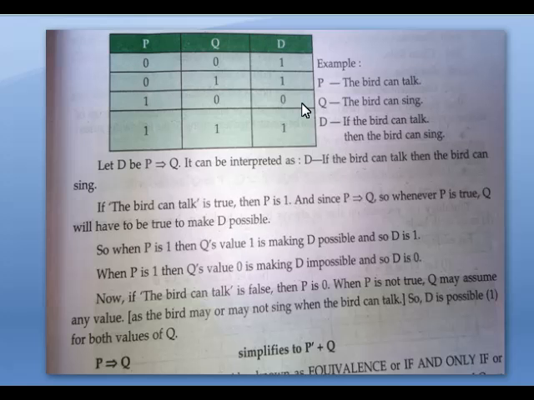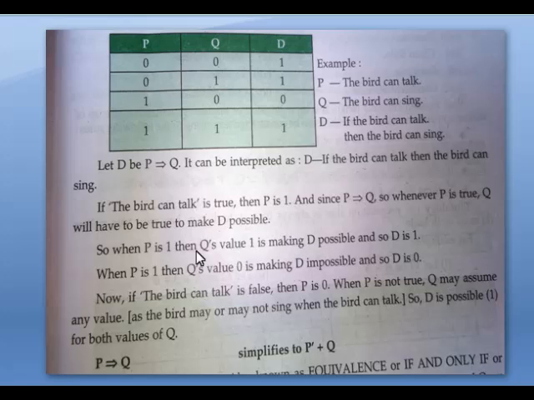So when P is 1 and Q is 1, it makes D possible, so D is 1. When P is 1 and Q is 0, D is impossible, so D is 0. These two points you have to remember by yourself.